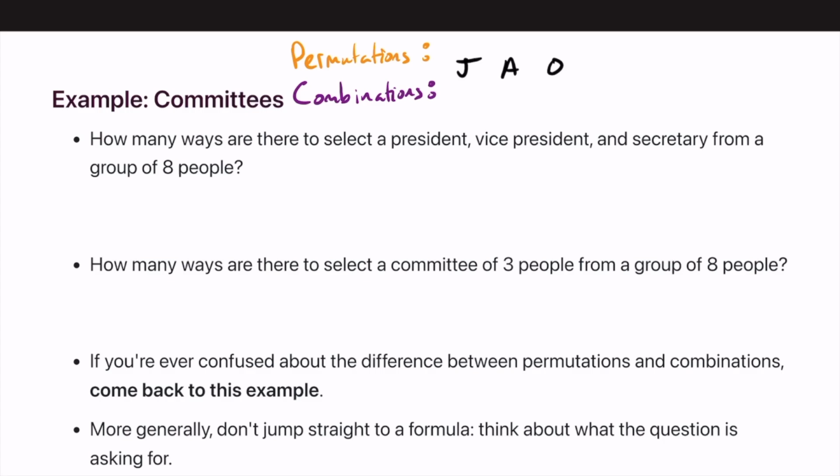So let's say that we have 3 people, in this case president, vice president, and secretary. And for combinations, we'll assume the same thing: president, vice president, and secretary.